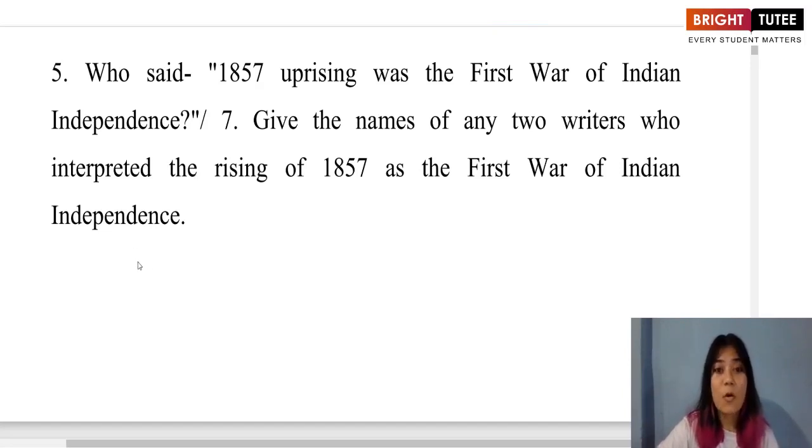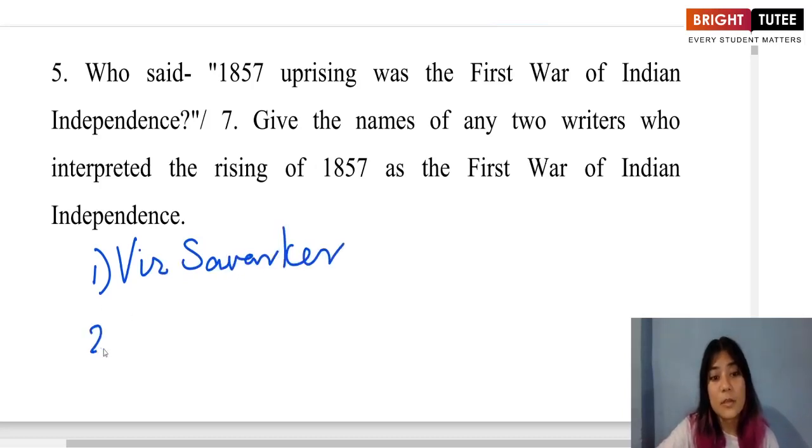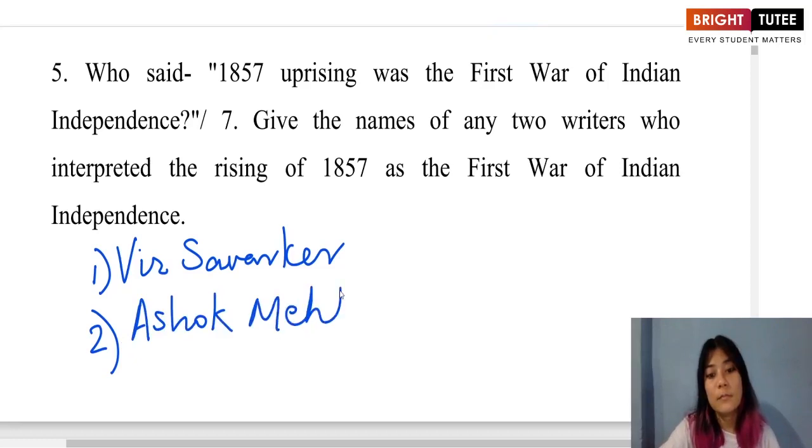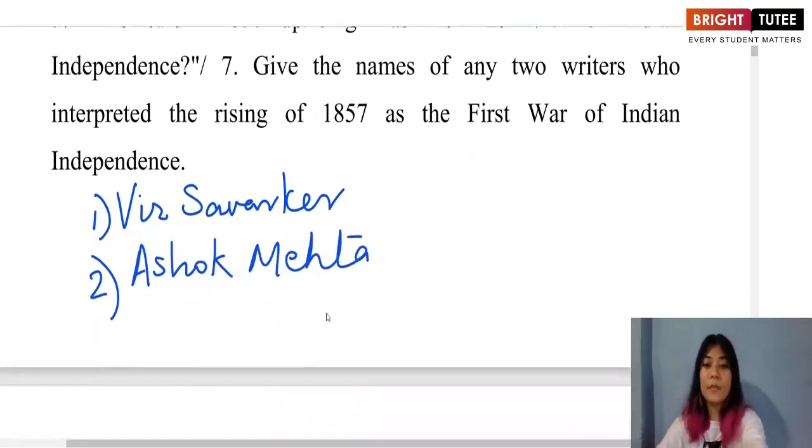So the names of one or two persons who interpreted the uprising of 1857 as the first war of Indian independence are, number one, Veer Savarkar, and number two, Ashok Mehta. Alright.